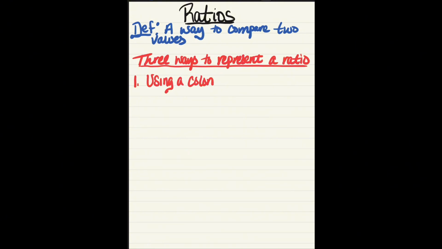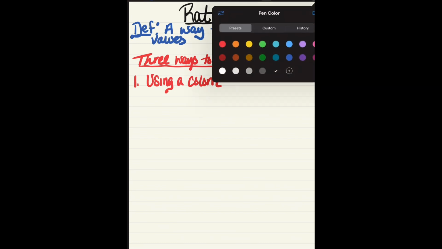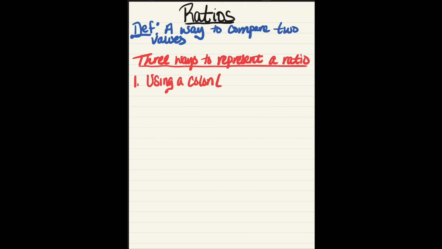And what is a colon? A colon is just two dots, one on top and one on the bottom. They're on top of each other. And let me show you an example of a ratio using a colon.